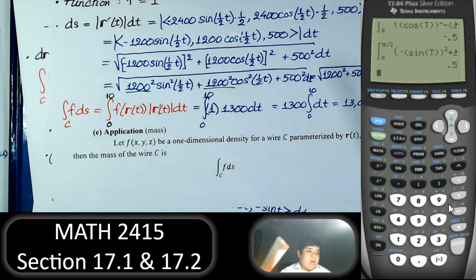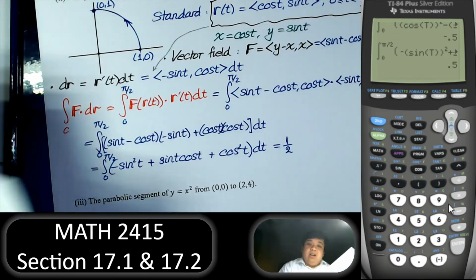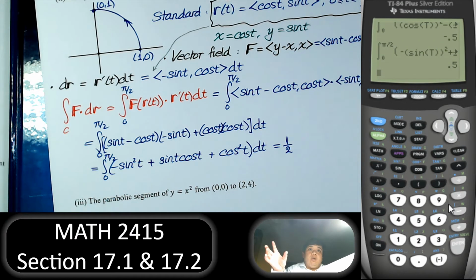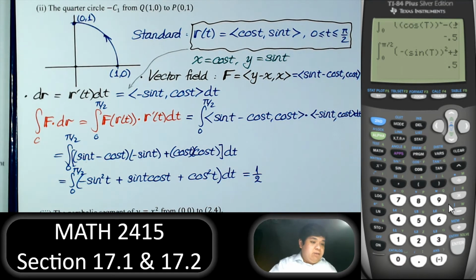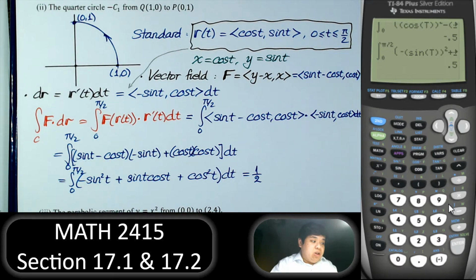If it is in a vector field, the direction does matter. One direction is positive. If we reverse it, it will be negative. So for the vector field, if we reverse the direction of the curve, we have the opposite result.